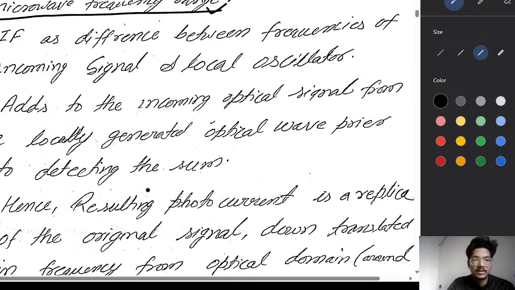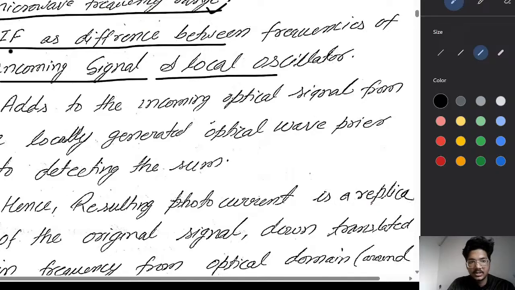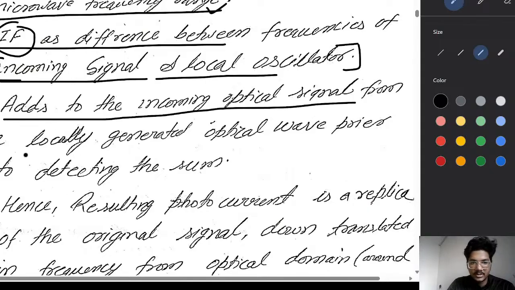The IF is the difference between the frequencies of the incoming signal and the local oscillator. This adds the incoming optical signal to the locally generated optical wave prior to detecting the sum.